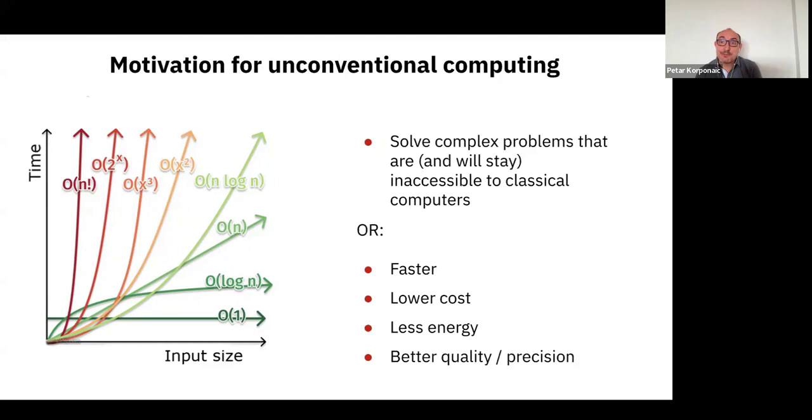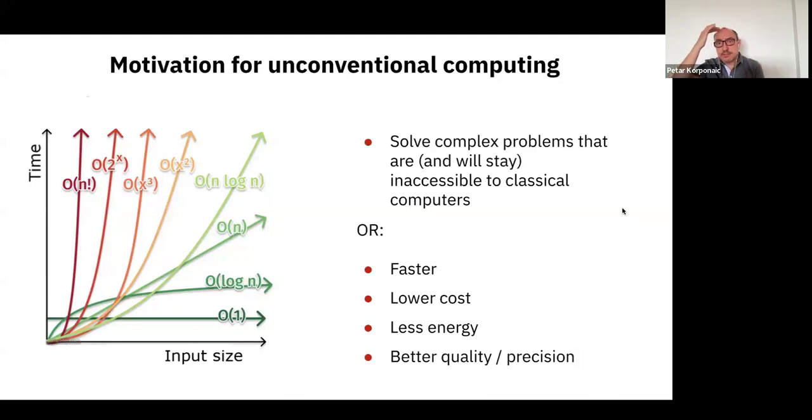So one motivation is that we have more and more data to process. And another, even more important motivation is that in order to progress, to move forward in every science and every industry, we have problems that are hard to solve, or unsolvable with classical digital computers.